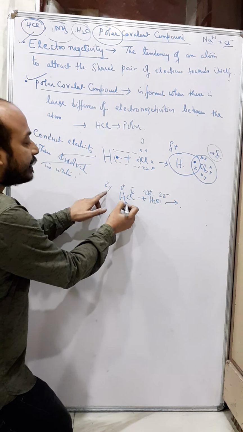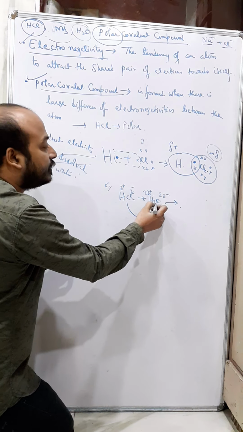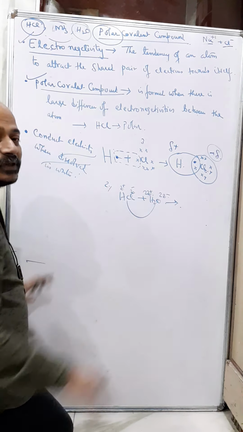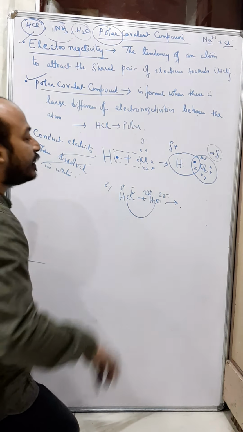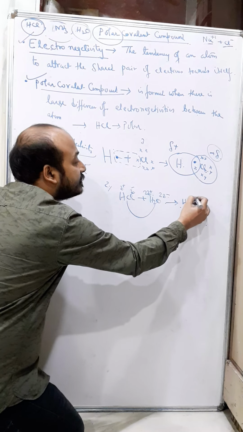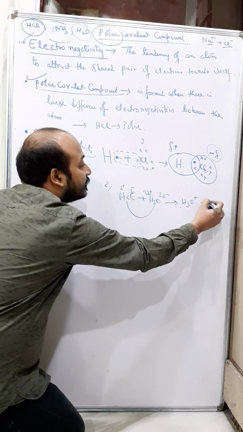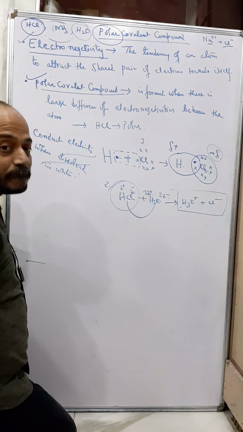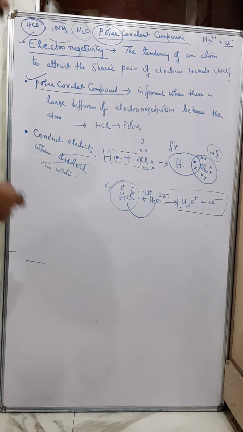Due to this, when HCl dissolves in water, these charges interact and therefore it splits into ions, in fact in this way, H3O plus and Cl minus. And it is due to this formation of ions that HCl now conducts electricity. Understand?